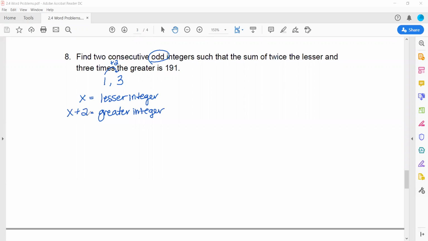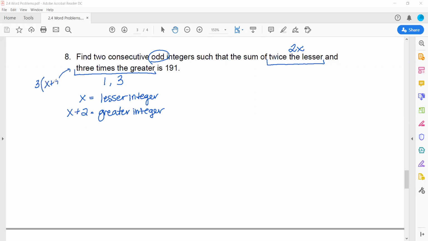All right, so now this is a little bit trickier with the setup. It's not just the sum, it's the sum of twice the lesser. So twice the lesser, we call that x, so 2x, and 3 times the greater. Go ahead and erase this. So 3 times the greater means we're taking 3 times the greater, which is x plus 2.